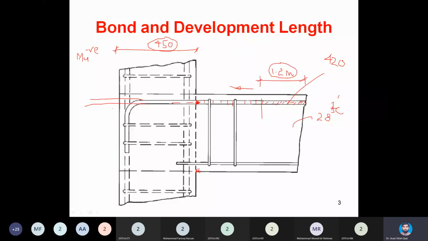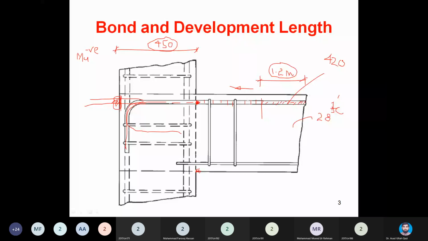So options are either thread the bar at the end and then put a nut over here, or weld a plate at the end and get bearing through that plate against the pull out, or hook the bar with 90 degree to get extra anchorage, or bend the bar through 180 degree to get extra anchorage.